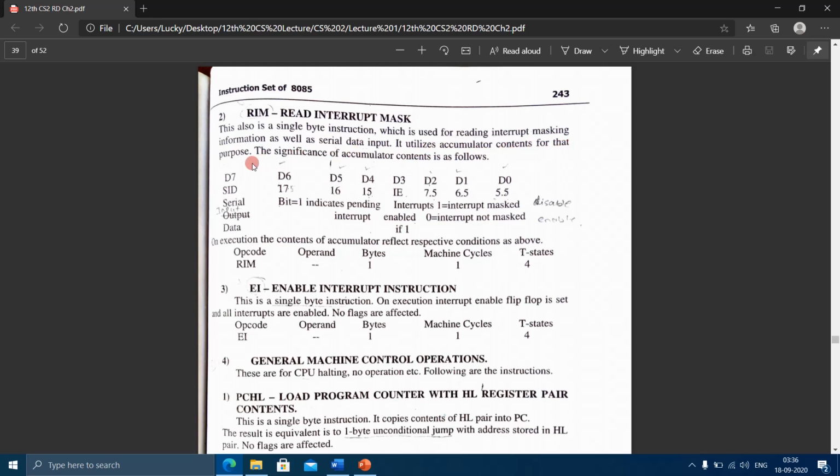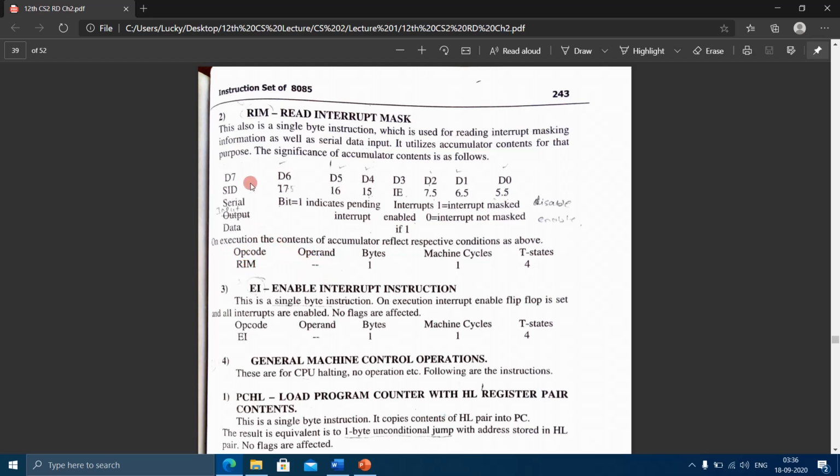It will read the contents of the accumulator to read the information related to interrupts and also to read the data bit by bit through the SID pin. The significance of accumulator contents is as follows. Here's the diagram. And as you can see, this RIM instruction does not have any operand.